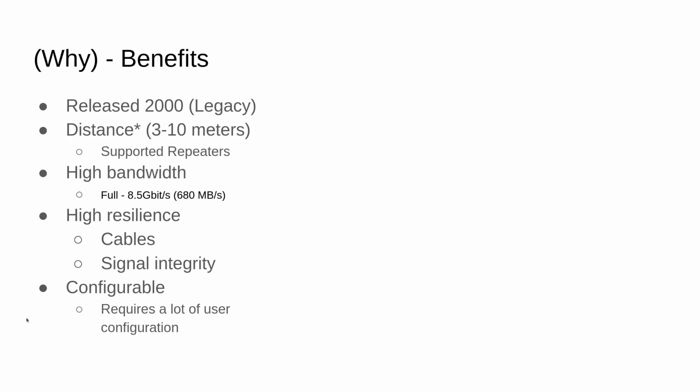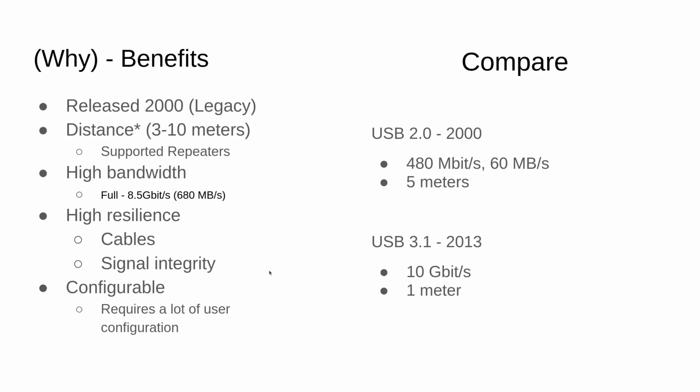Full has up to 8.5 gigabits, which is 680 megabytes, which is a lot of bandwidth. And the configuration options allowed for a lot of different cameras to send all these different kinds of configurations, so it made the sender side of the camera simpler to design. Just for comparison, USB is the go-to thing nowadays.